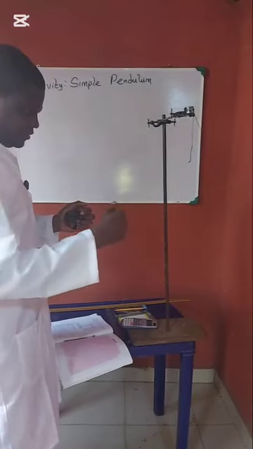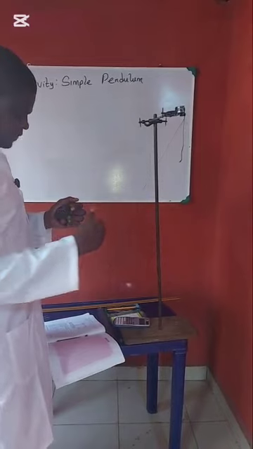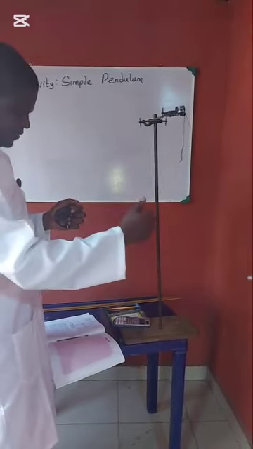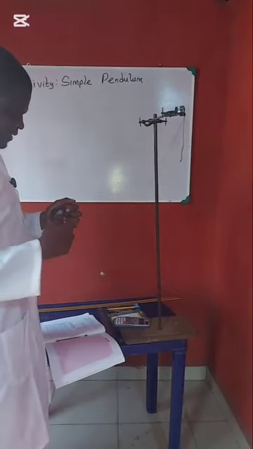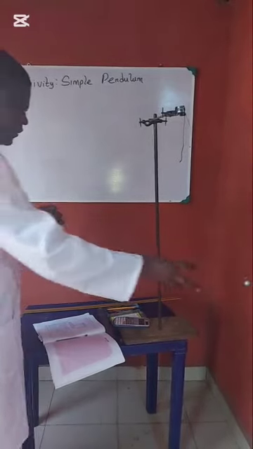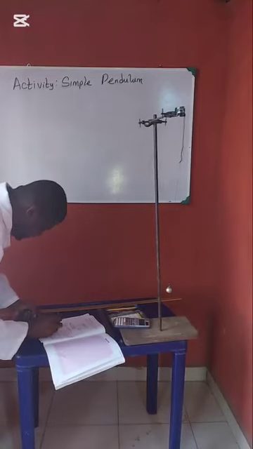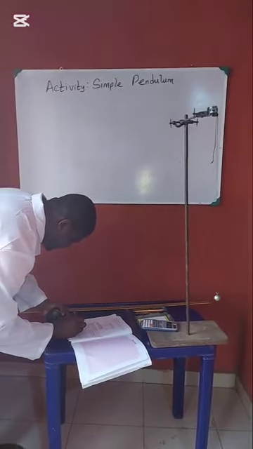1, 2, 3, 4, 5, 6, 7, 8, 9, 10. 15.30. So write 15.30.